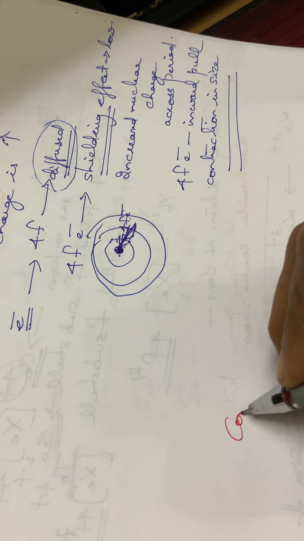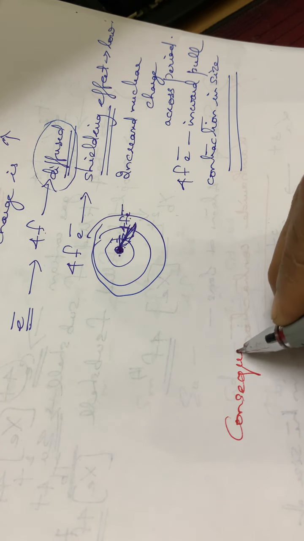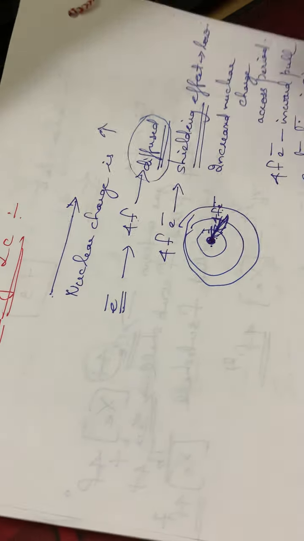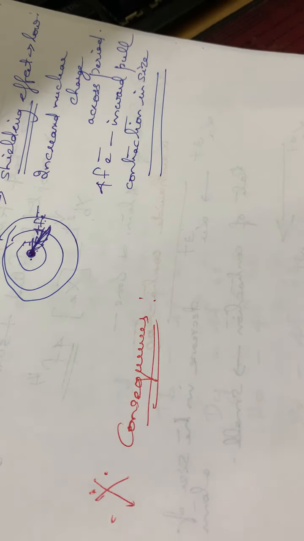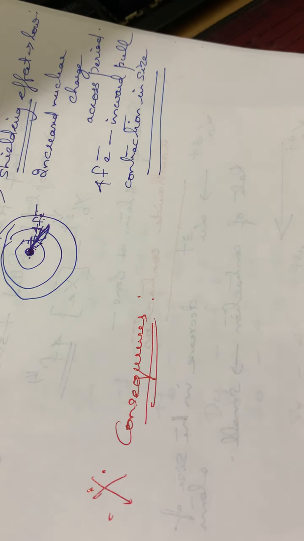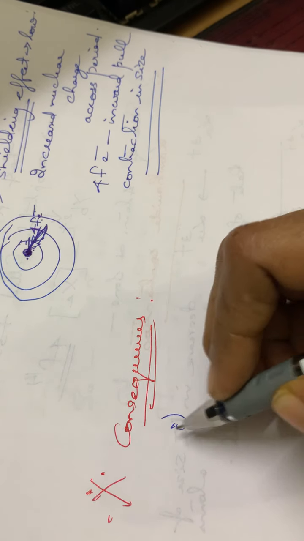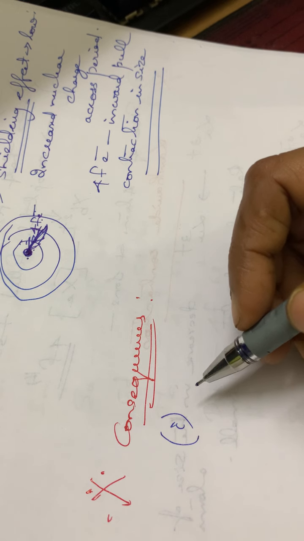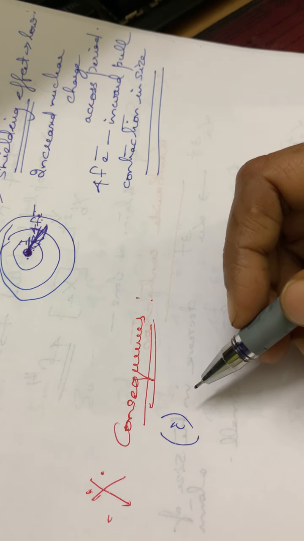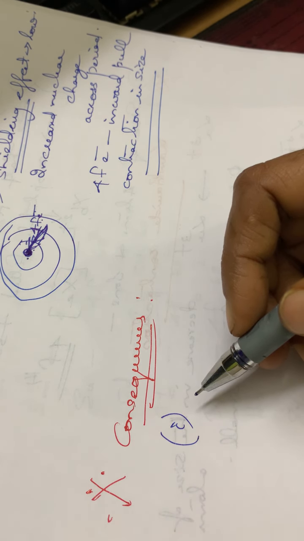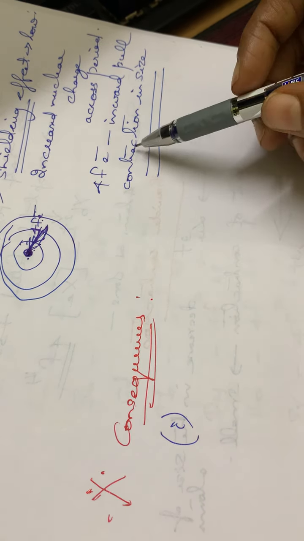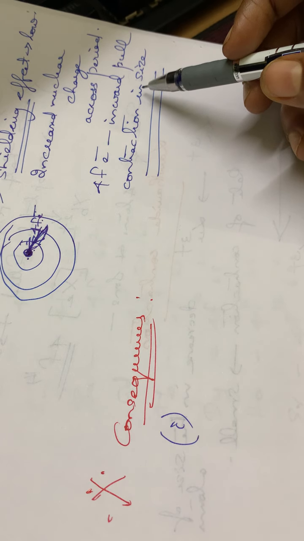Then the next is the consequences of lanthanide contraction. It is also very important. The first consequence is the delimitation of lanthanides due to this lanthanide contraction. Here there is only a slight variation in the atomic radii or ionic radii, or the atomic size.